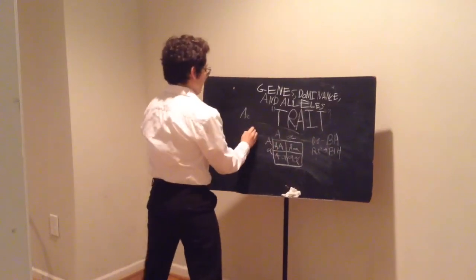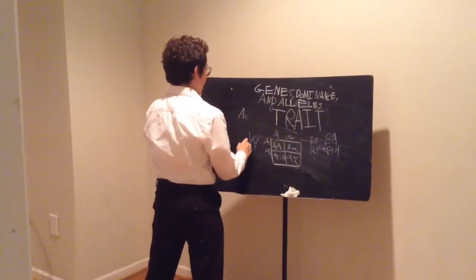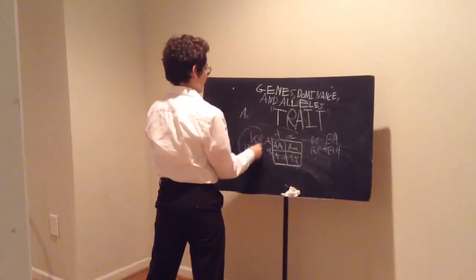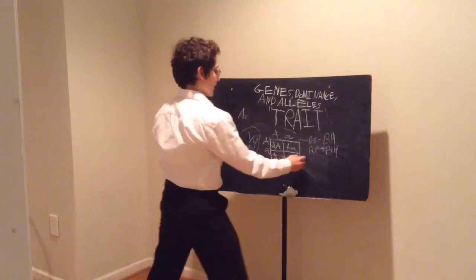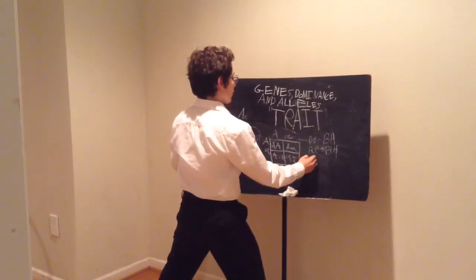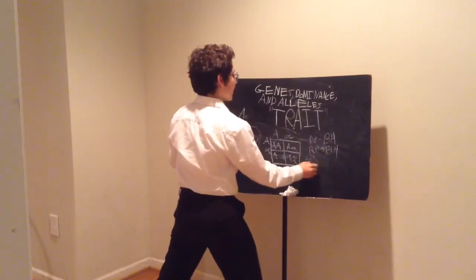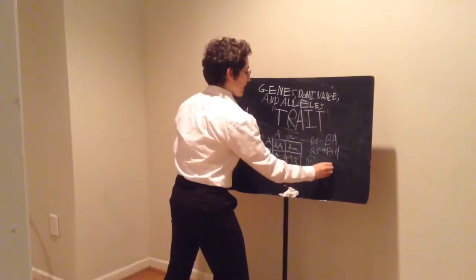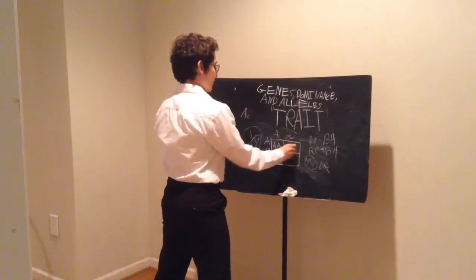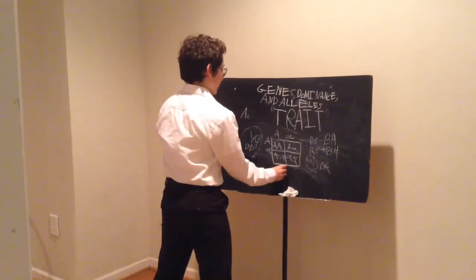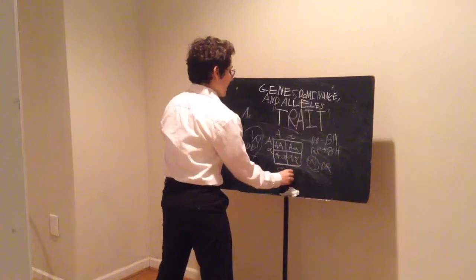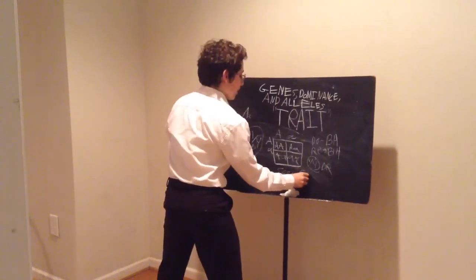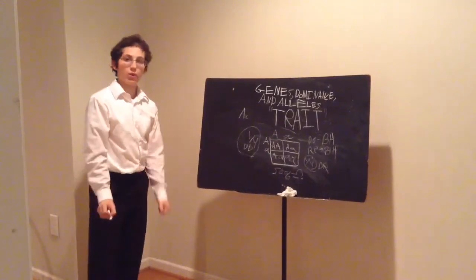This here means that you have a 1/4 chance of being double dominant, right? 1/4 chance of double dominant. And this means you have a 1/4 chance of being double recessive. But this 50%, what does that 50% equal?